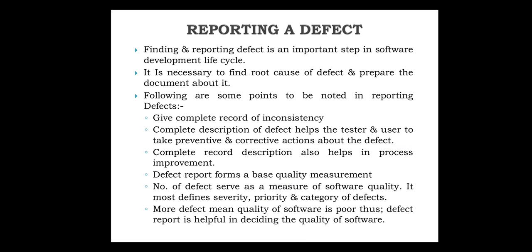Next is reporting a defect. Finding and reporting a defect is an important step in the software development life cycle. So we need to find the defect, and we are going to process it.